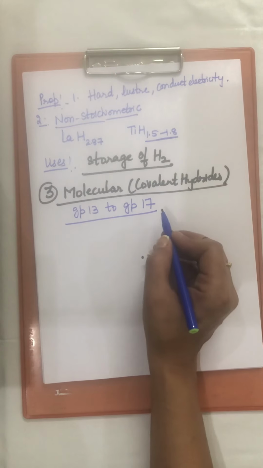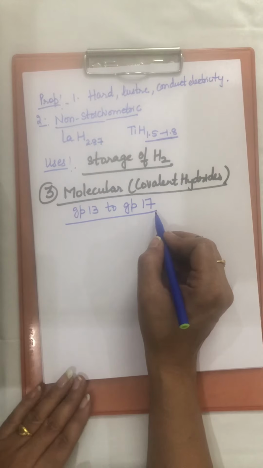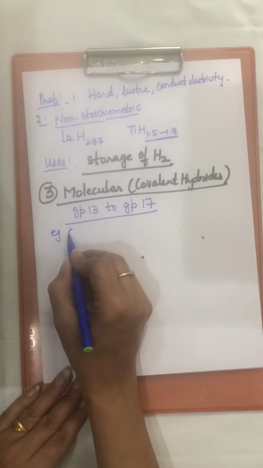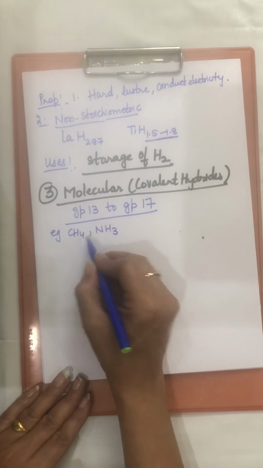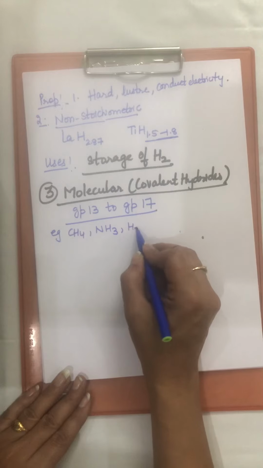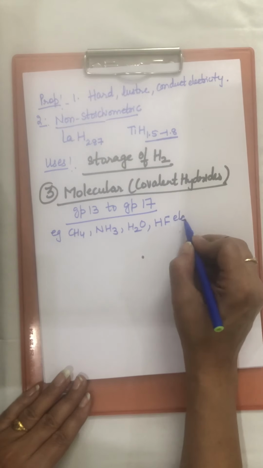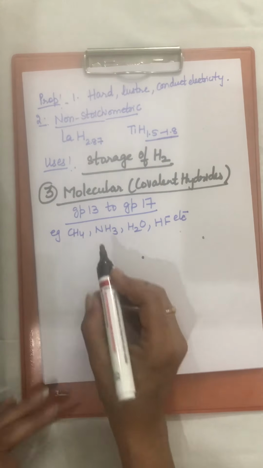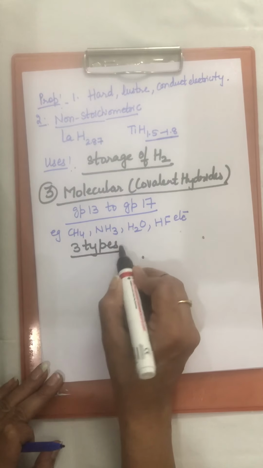Most of group 13 to 17 elements combine with hydrogen to form molecular or covalent hydrides. Examples: CH4, methane, ammonia, water, hydrogen fluoride, etc. Now, these are further classified into three types.